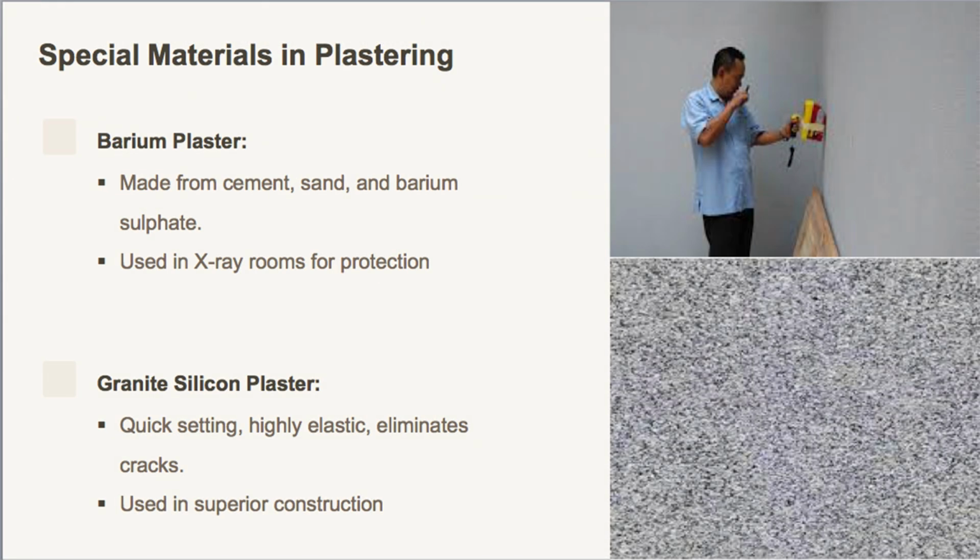Then we have granite silicon plaster, which is used in superior construction, and another important one is gypsum plaster. It is a widely recognized material in plastering and is also commonly known as plaster of Paris. It hardens rapidly upon mixing with water and is used extensively in combination with lime for ornamental work and repairs.